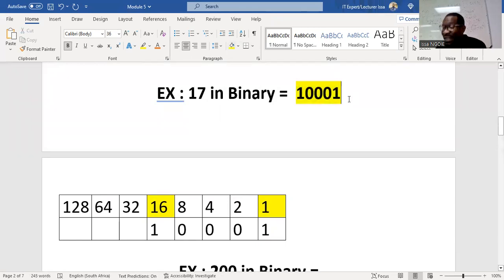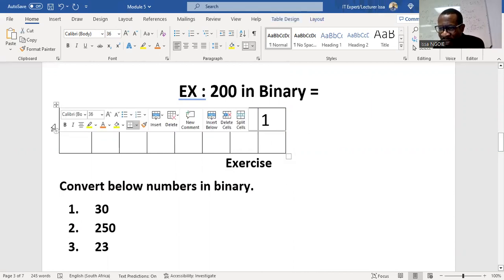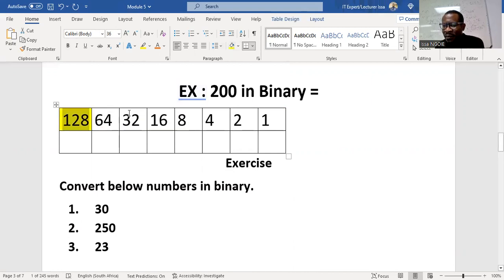This is 17. Very, very easy. Right? Let's take another example, the last one, and I'm going to let you do your own exercises. Let's convert 200 in binary. How will the computer see 200? For me to get 200, I can take 128 plus 64. That's going to be 192.